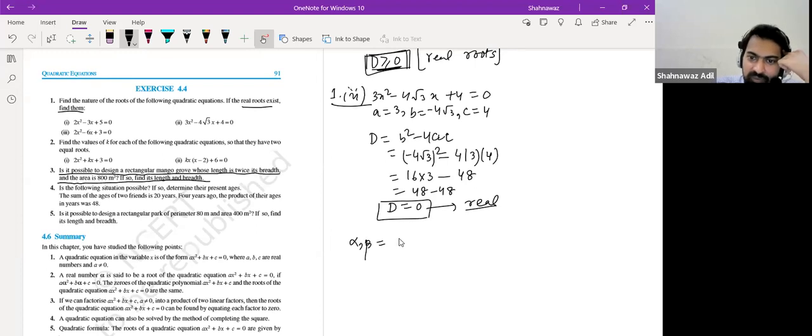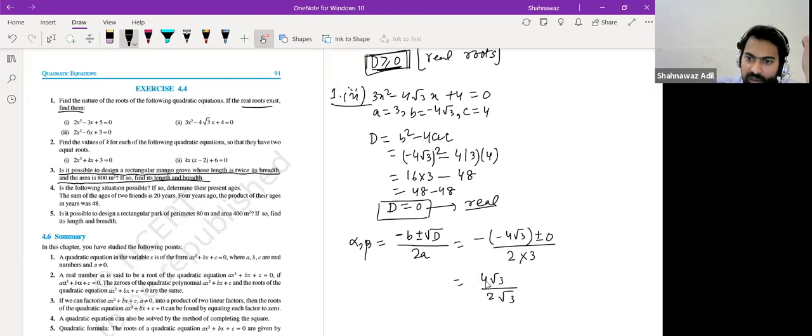Okay, so alpha and beta would be how much? Minus b plus or minus root D by 2a. So b is minus of minus 4 root 3 plus minus 0 by 2 into 3. So this cancels and we have 4 root 3 by 2 root 3, right?